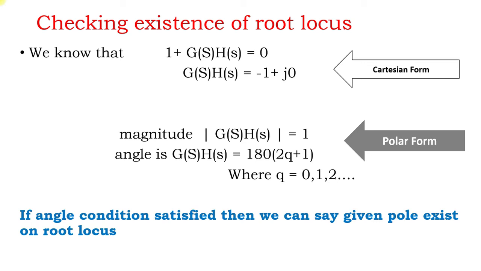If the angle of this entire value is an odd multiple of 180, then we can say that the given pole exists on the root locus. Again I'm repeating, if the angle value of this is an odd multiple of 180, then the pole exists on the root locus.